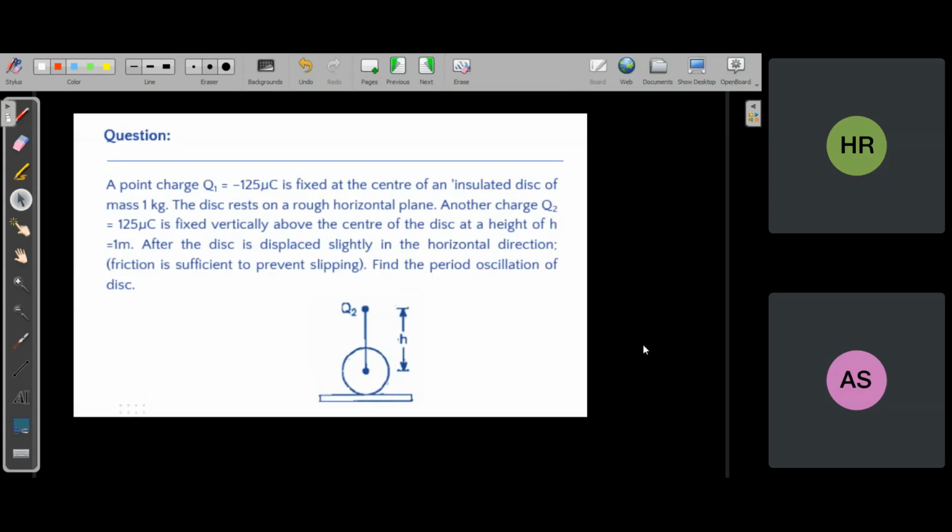One is by the energy method, because in SHM, first of all you have to prove whether this is SHM or not. And if it is SHM, the total mechanical energy of the system will remain conserved. One way is to write down the force or torque equation and find omega.